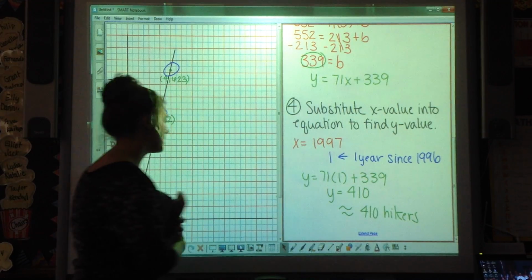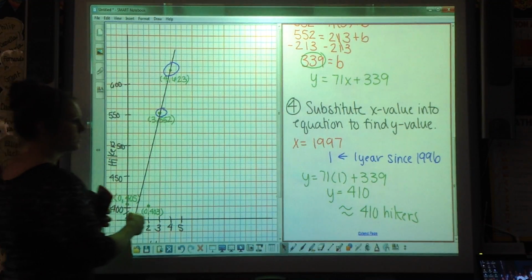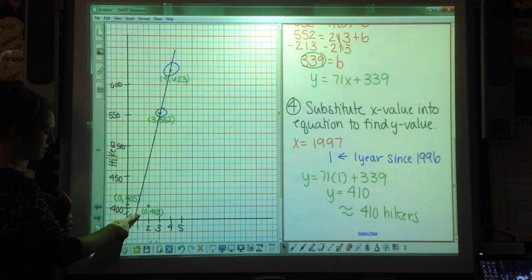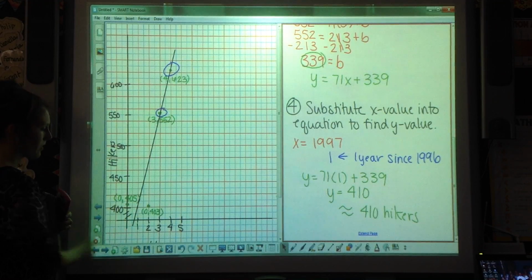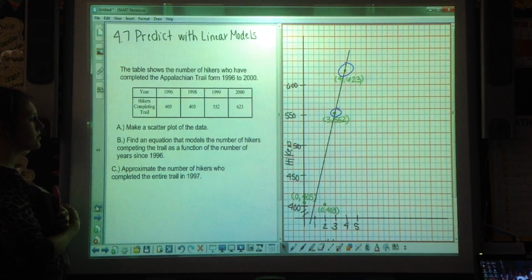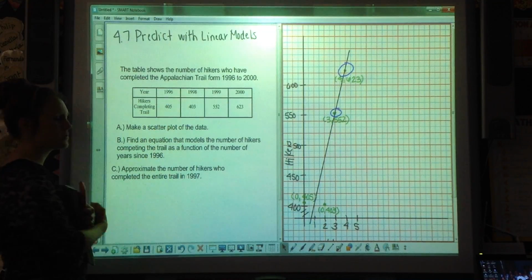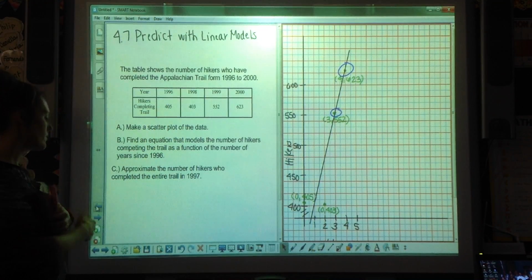Now, if we look at our table, that makes sense, because if we go to 1997, which is 1, we get about 410 right here. Or if you go back to the table they give us, in 1997, we're pretty close to those two numbers.